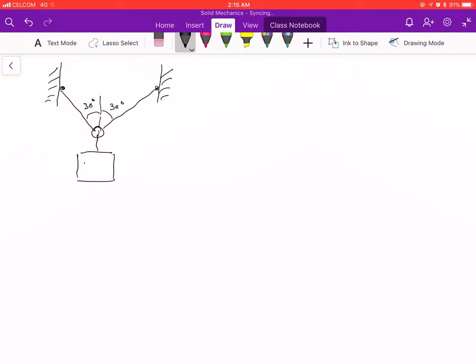Let's put it at 100 kilograms, and I'm asking what is the minimum diameter of this steel cable, basically to resist this 100 kilogram load.